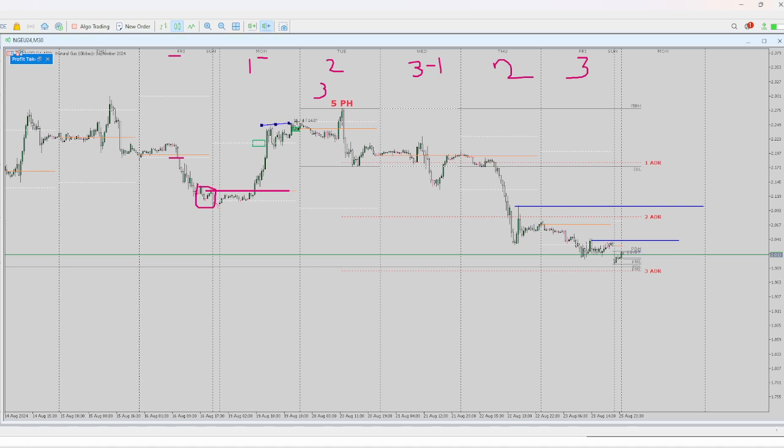So this would be Monday, and that will be an important level. Another important level is Friday's closing price. We want to just extend that out for the week.